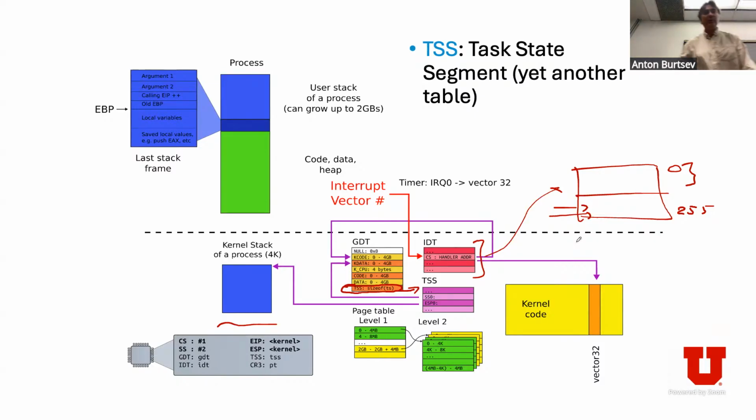So for example, if you suddenly divide by 0 here in user level, everything is the same. It's just that the interrupt or exception number will be different. Make sense?